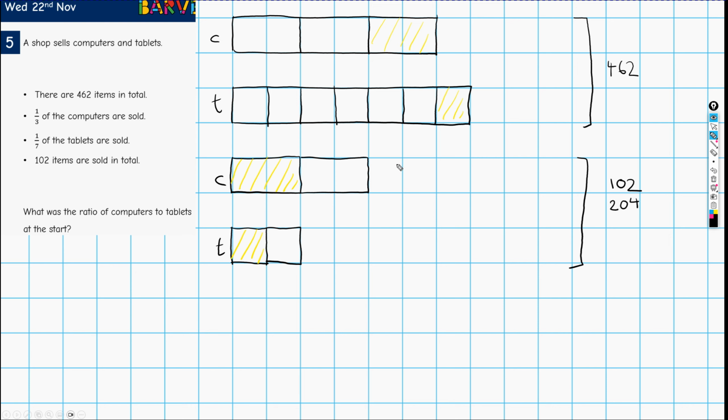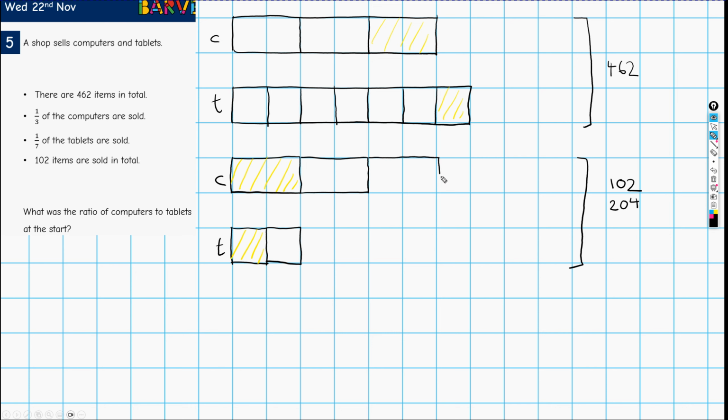Okay, now let's have a look. What is the difference then between this model and this model? Well, that includes a third of computers and 5/7 of tablets. And again, I wouldn't know how much value to put here and how much value to put here. So let's do it again. We're going to add another set that we know the value of.